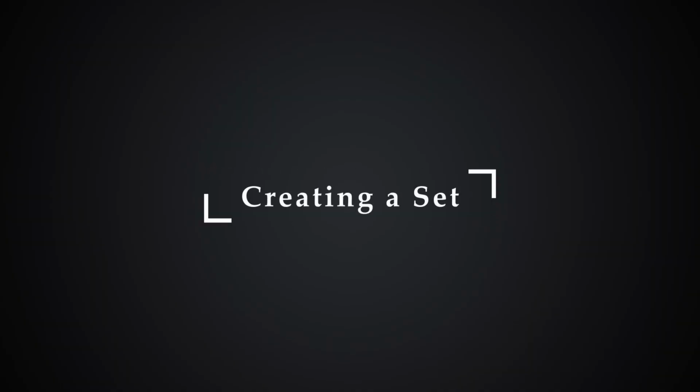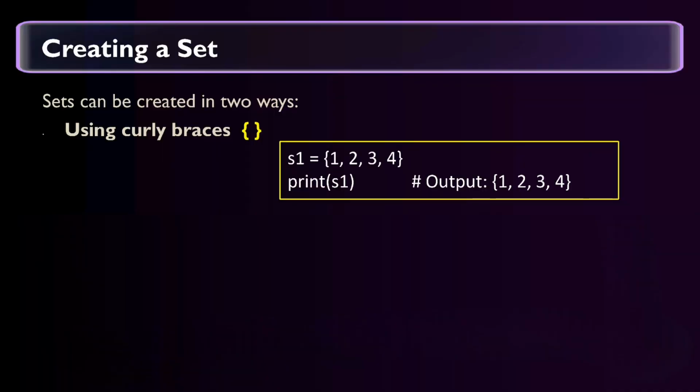Now, creating a set in Python. Sets in Python can be created in two simple ways. The first way is by using curly braces. Here we define a set S1 with 4 elements, 1, 2, 3 and 4, inside curly braces. When we display S1 with a print statement, the output will be 1, 2, 3 and 4.